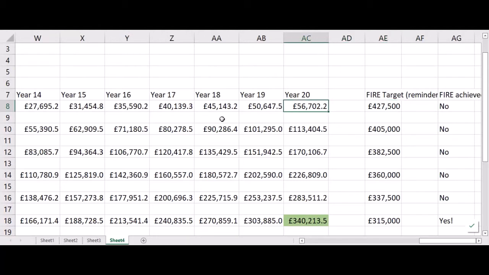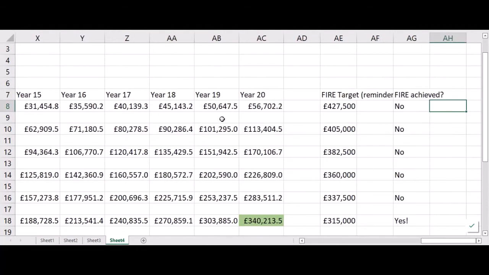So at the end of 20 years, at a 5% ratio of investment, we've managed to gather up a portfolio value of roughly 56,700. Compare that to the FIRE target. As you can see, that was 427,000. So FIRE has not been achieved there.